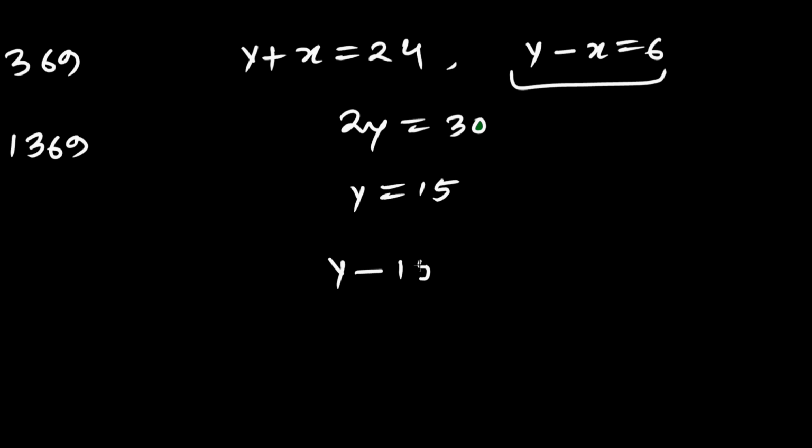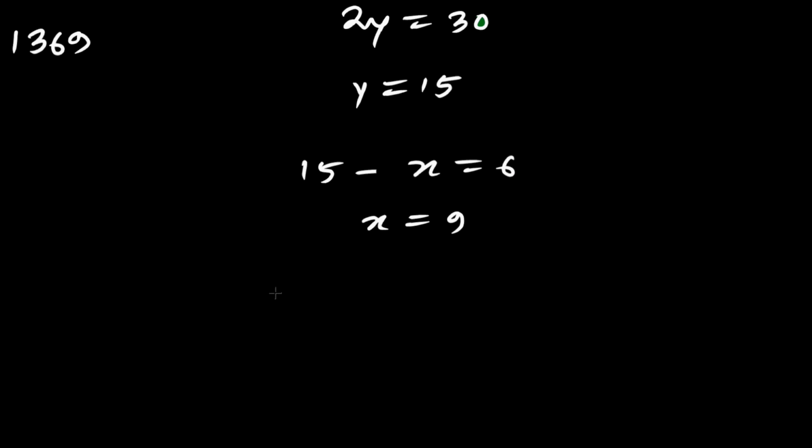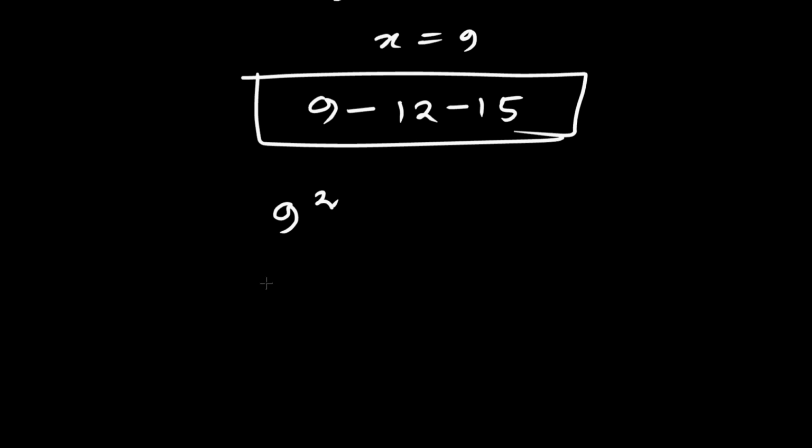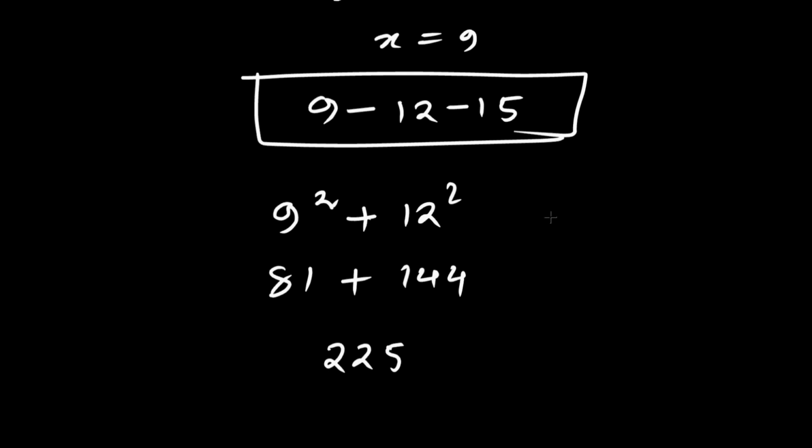We get 15 minus x equals 6, which means x equals 9. And this produces another right triangle with side lengths 9, 12, and 15. Let's check it. 9 squared is 81. 12 squared is 144, and 81 plus 144 equals 225. 15 squared is also 225, so this triangle works perfectly as well.